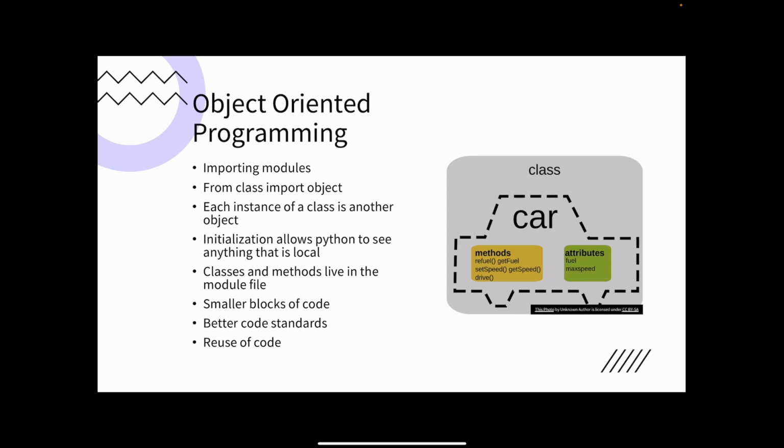And here we're now looking at object-oriented programming. So we can import different modules. What is a module? A module is simply a Python file that contains, for example, our classes.